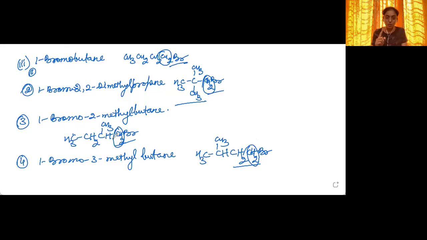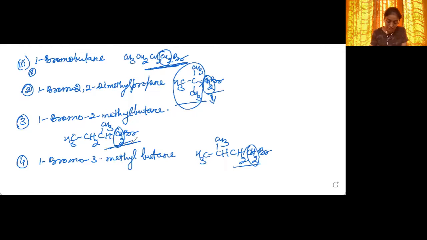Now if you see the first molecule, there is no steric hindrance across the carbon where the attack is to occur. In the second molecule, the carbon on which attack is to occur is further attached to a very bulky alkyl group, which is sterically hindered to a large extent.